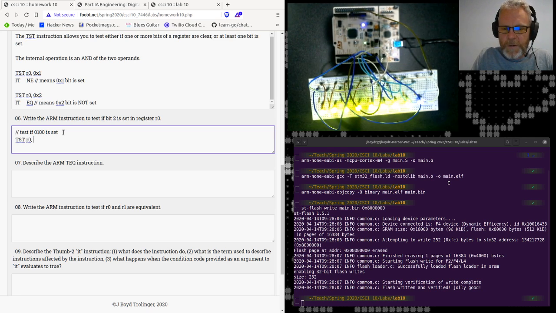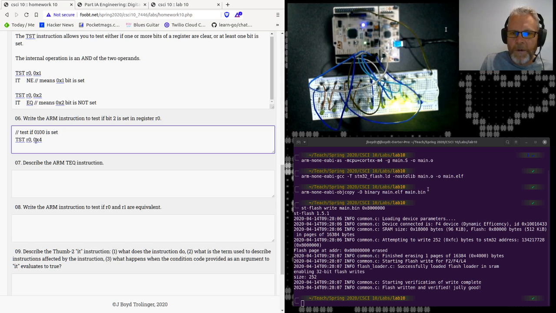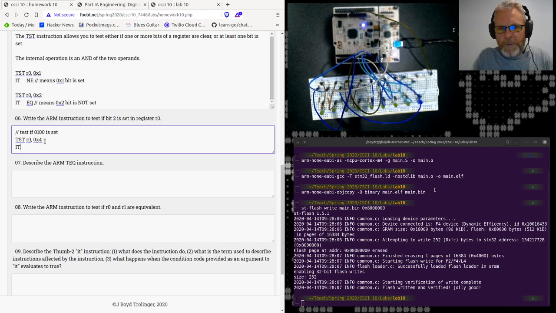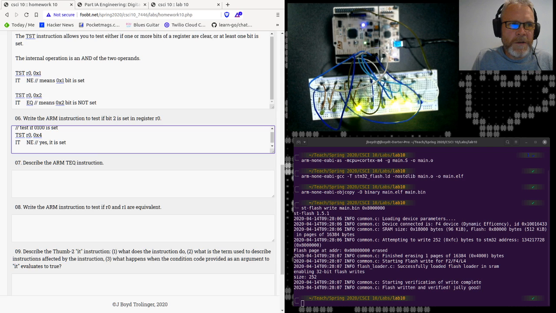Register R0, and then the bit pattern would be 0x4. That's how you'd write the test instruction to test that specific bit. And then technically you would follow that up with a not equal, and then do something else with that result.